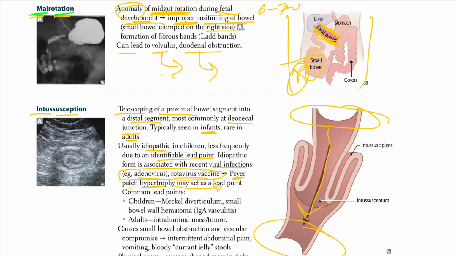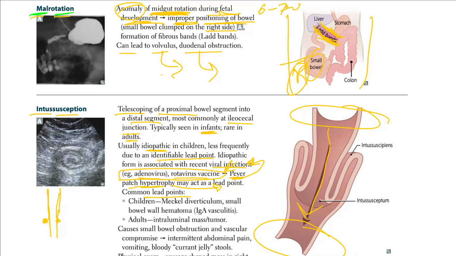So the gut needs something it can hang on to and pull, while it's doing the motility, pulling itself into each other. But you need some point where it's going to hang on to that thing, right? So one of the things is Peyer's patches hypertrophy, hypertrophied because of the viral infections or the rotavirus vaccine.